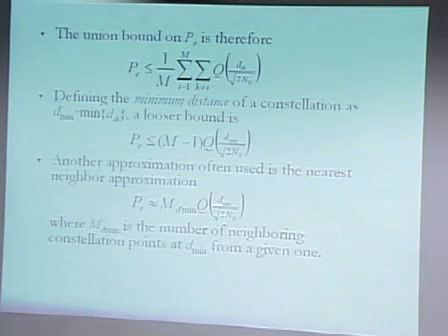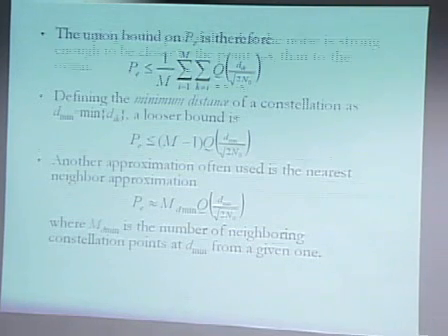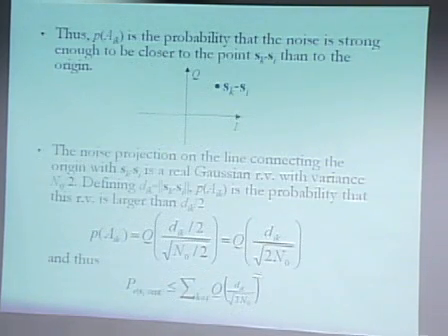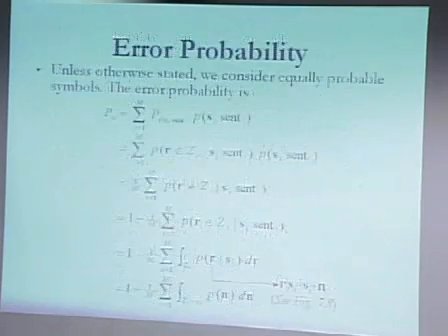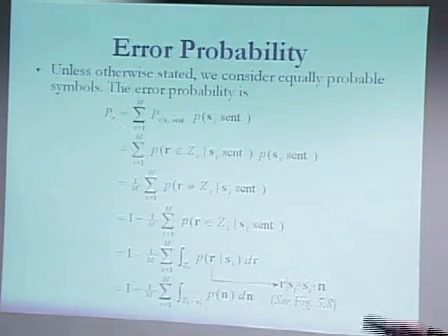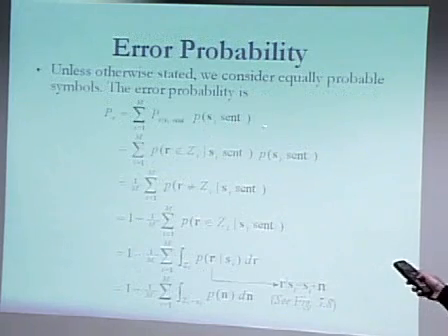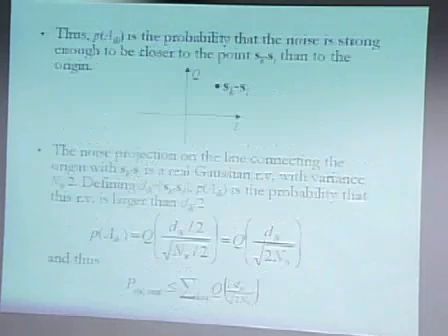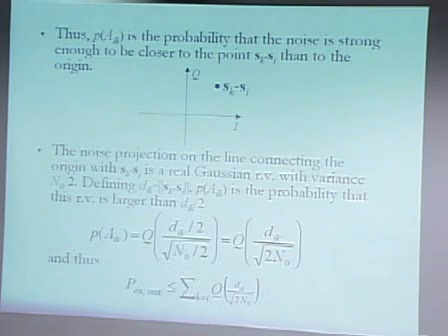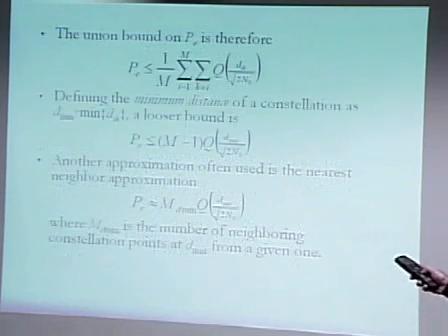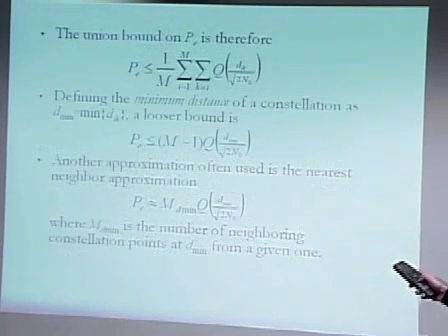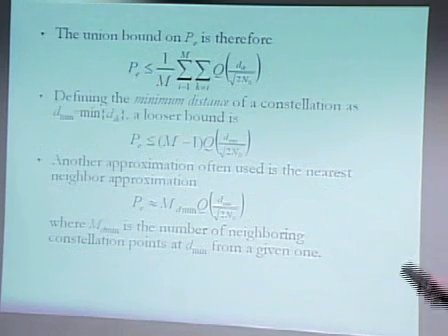We just took this and plugged it in here. We get a double summation. This is the outer summation, this is 1 over M, and this inner term is another summation of Q functions. We put everything together, and we have this 1 over M, outer summation, inner summation of Q functions. So that's the error probability.